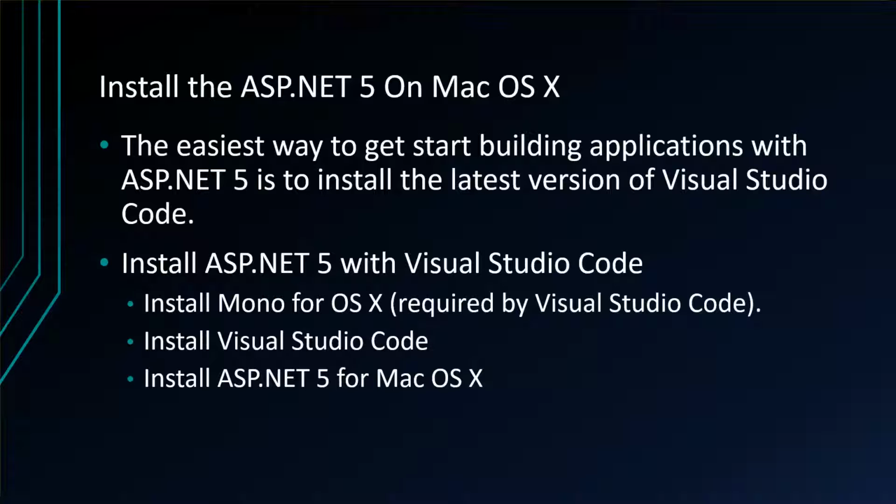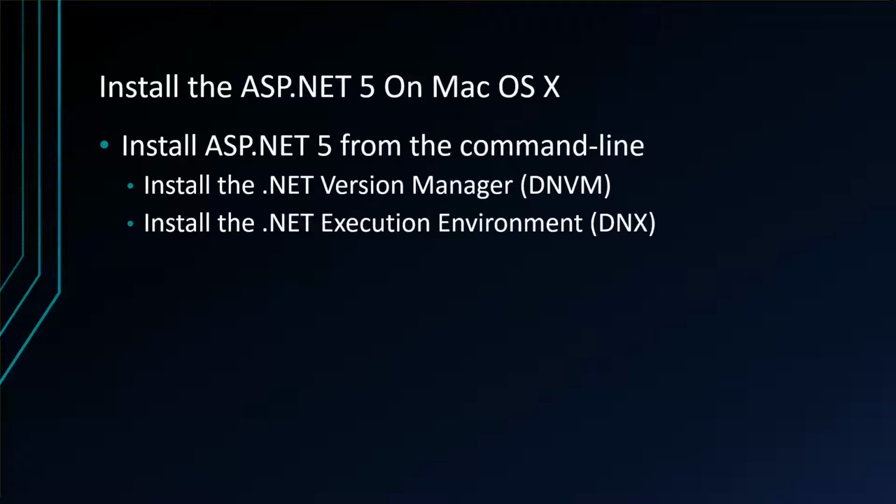To install ASP.NET 5 with Visual Studio Code, you need to install Mono, Visual Studio Code, and ASP.NET 5 for Mac OS X. There is another way also: you can install ASP.NET 5 from the command line. For that, you need to install the DNVM and DNX.